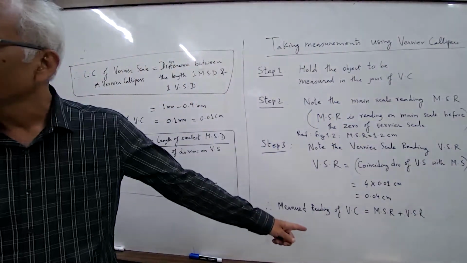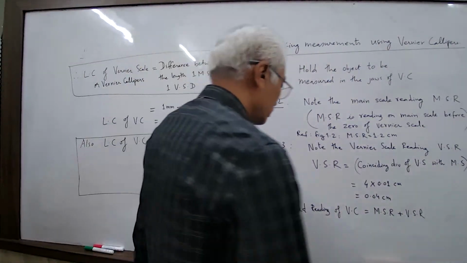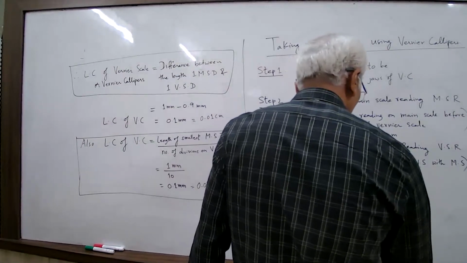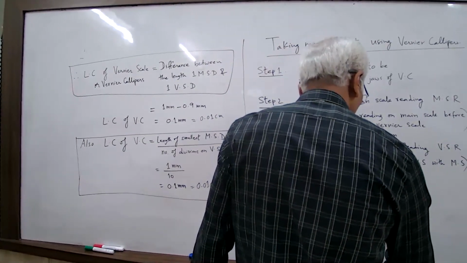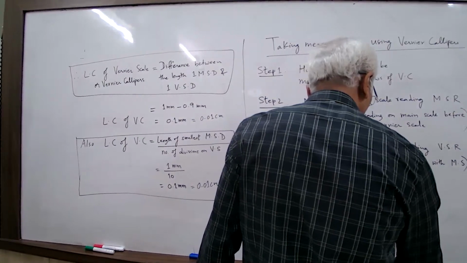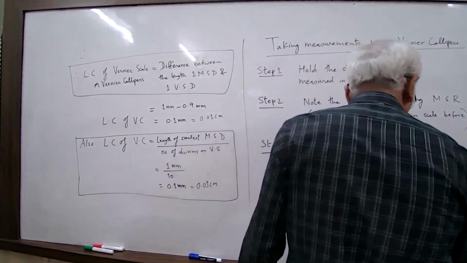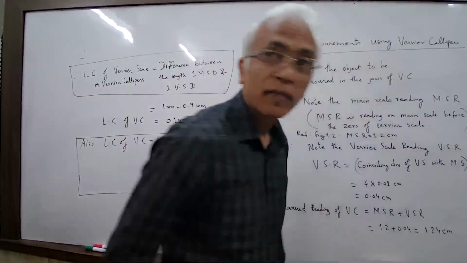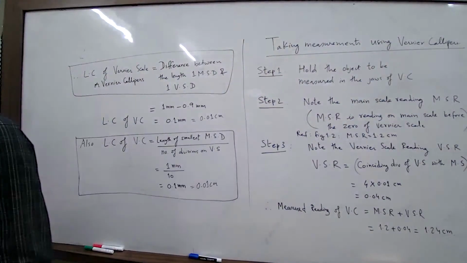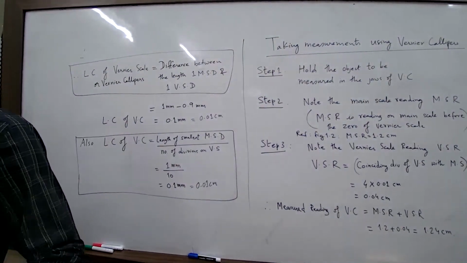This is the measured value. How much will it come to for your example? This will be 1.2 plus 0.04, which is equal to 1.24 centimeter. Okay? This is how you will take the reading.